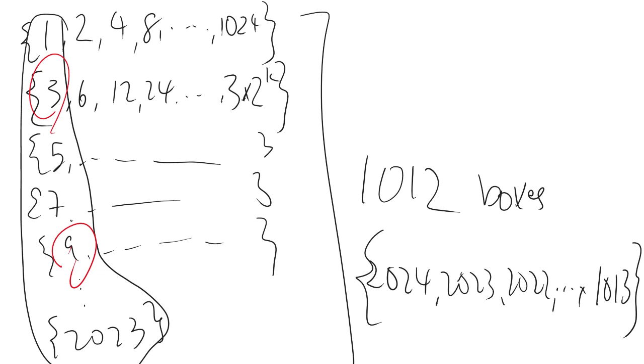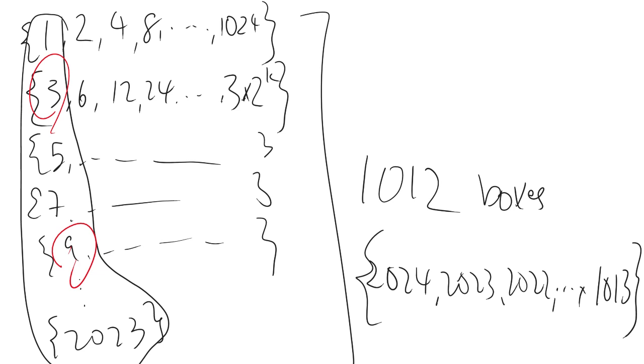Here we have 1 to 2024, right? The answer is to choose 1012 elements: I just pick 2024, 2023, 2022, dot dot dot, down to the 1012th element, which is 1013, right?